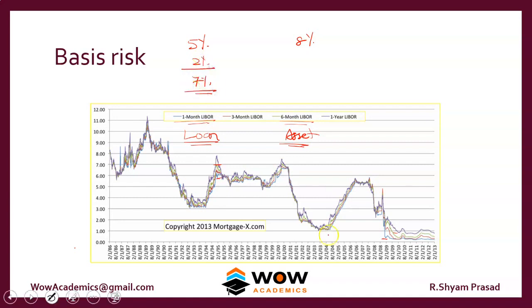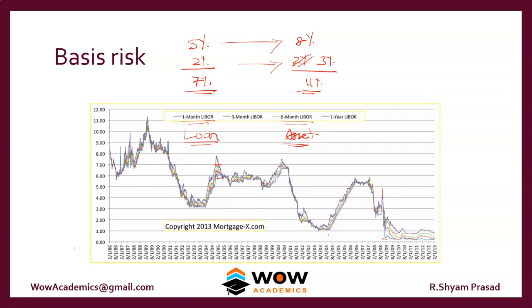But we can't expect the same 2% to be added to the asset. Somewhere it can be added by 3%, so this might become 11%. So they will not change by exactly the same number. They might change with a different number and give a different answer.